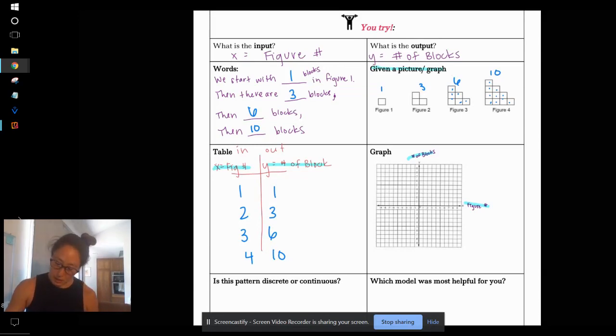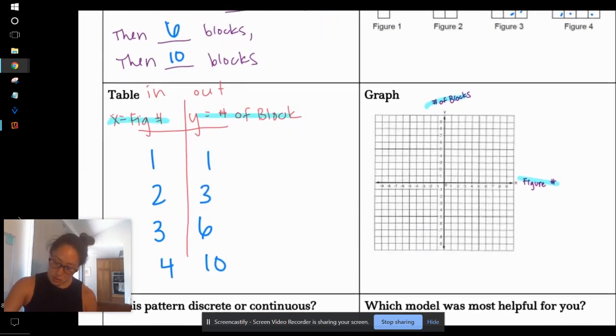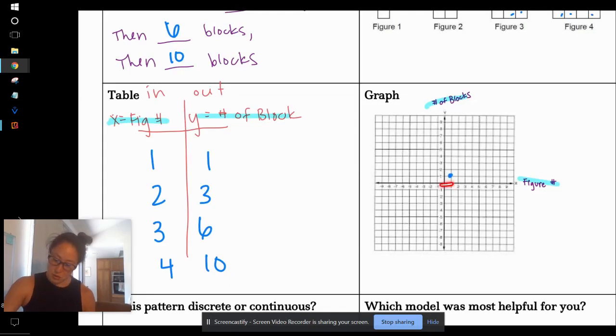Okay, so we're going to go ahead and graph those. The graph's a little small, so let's go ahead and zoom. We're going to go to 1, 1. Okay, then we're going to go to 2, figure number 2, and 3 blocks. Okay, so we've grown a little bit. Figure 3 up to 6 blocks, and then figure 4 up to 10 blocks.